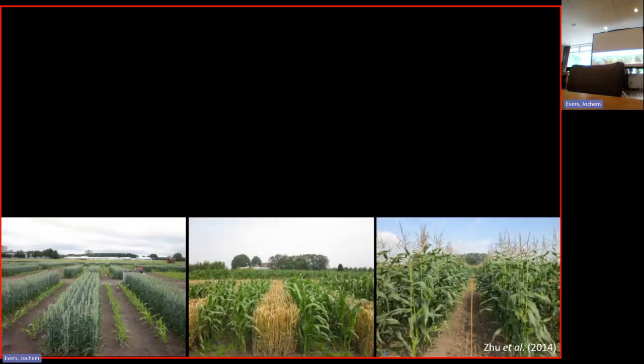And now I want to get back to the example that I started with, because you've seen these pictures. We wanted to try and find out what is the contribution of the fact that these plants in the border rows produce more tillers with bigger leaves to total light capture of this intercropping system.